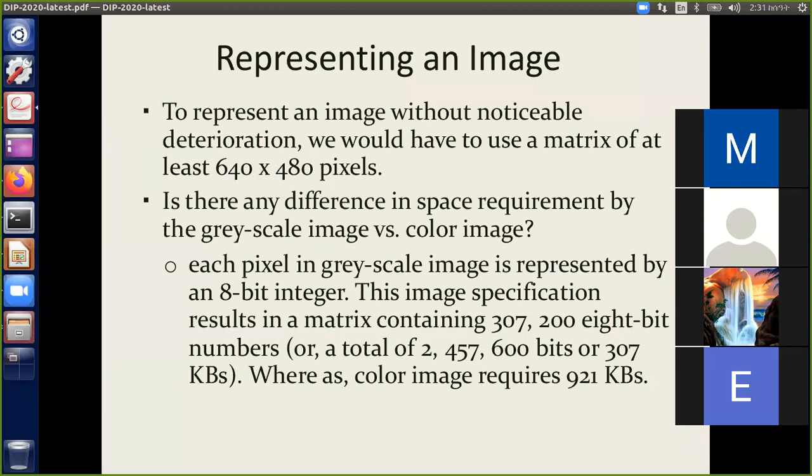So for a color image, 8 bits for red, 8 bits for green, and 8 bits for blue, a total of 24 bits are used to produce the pixels with their binary representation. 2 to the power of 24 will give you more than 16 million colors.